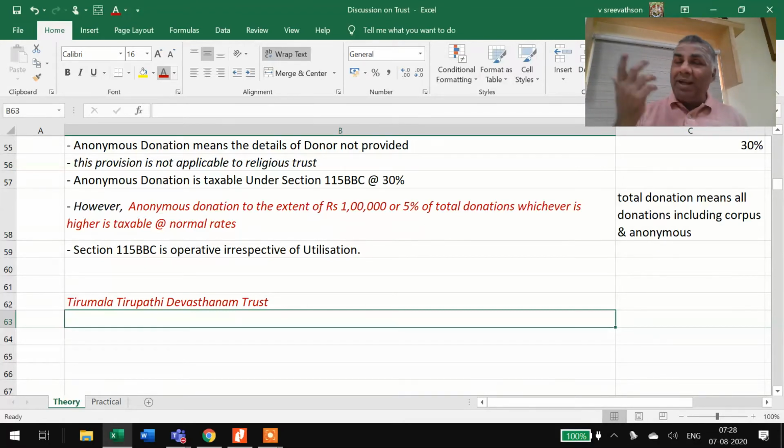Dropper not reading is not the fault of the temple or the trust authorities. The trust authorities have clearly mentioned that any droppings, any offerings will be considered as corpus trust. Whether the person is reading or not, it will form part of corpus trust.